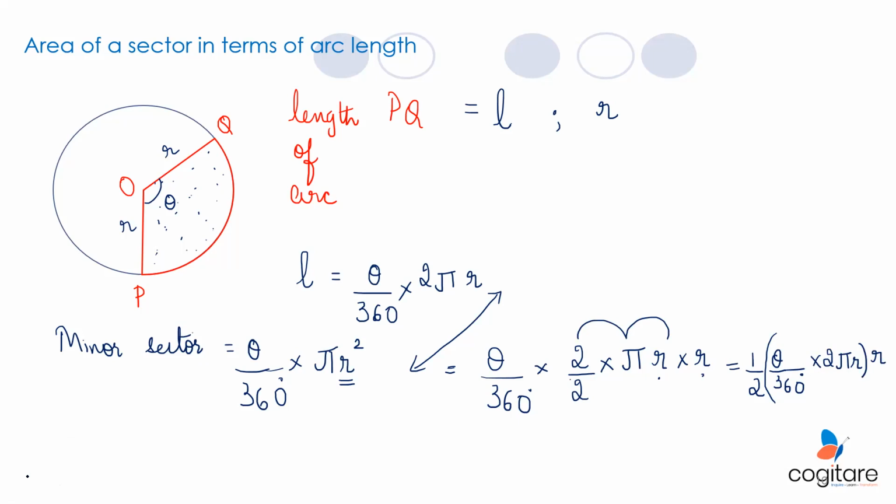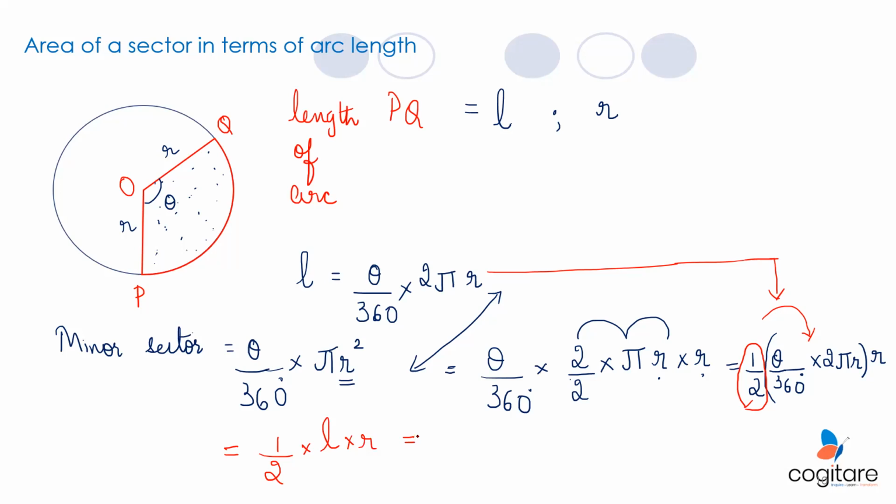Let me circle it quickly. If you observe this, theta by 360 into 2 pi r is nothing but your arc length, right? Right, guys? So can I rewrite the area of a sector as half, because I have this half taken out here, half into L, which is the arc length, into R.